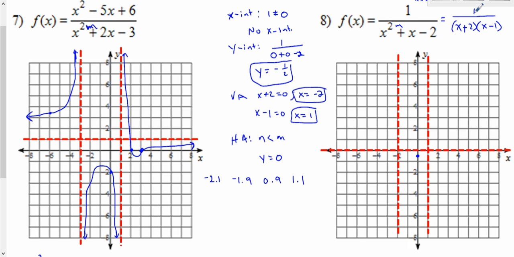Negative 2.1, let's see, obviously the top is always going to be positive on all these because it's just the value of 1. So positive for the numerator on all of these.